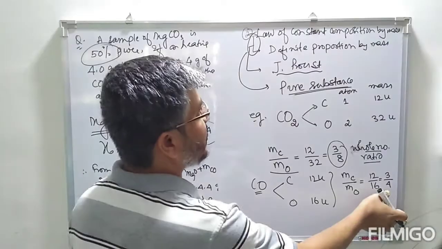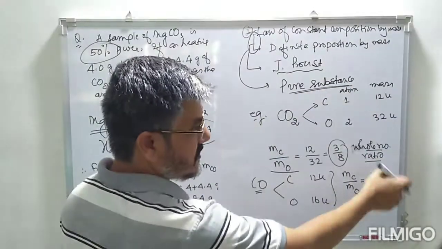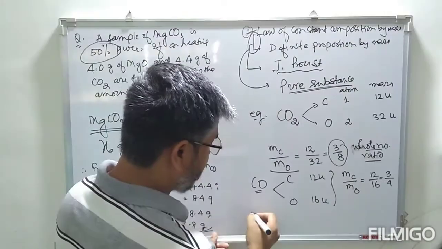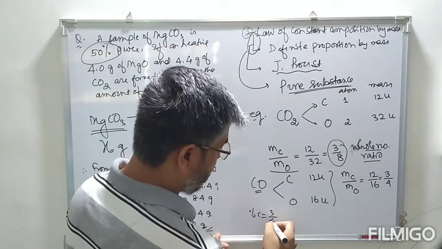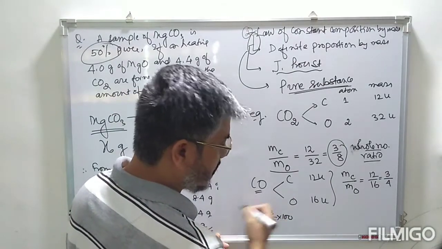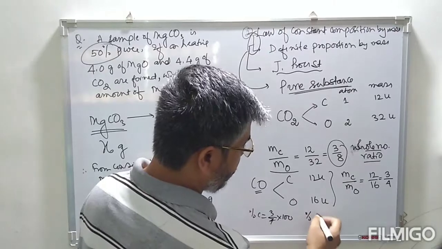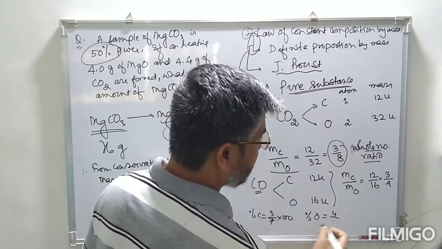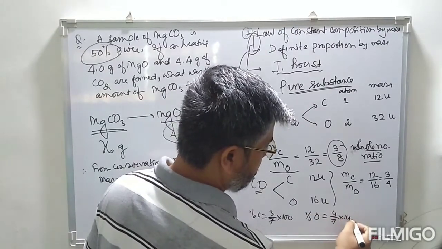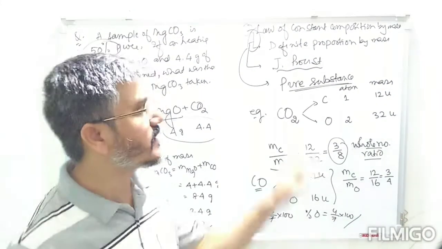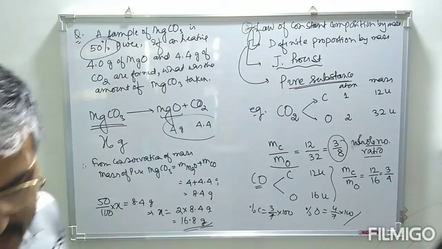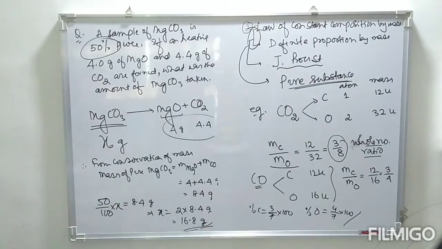If the mass ratio is fixed, then the proportion, that is 3:4, or we can say the percentage of carbon, is 3/7 into 100, and the percentage of oxygen is 4/7 into 100. So this percentage will always be fixed for a pure sample. Take one more example.